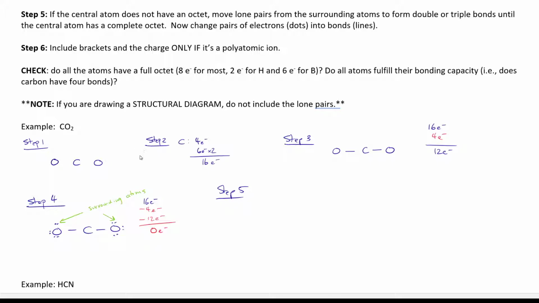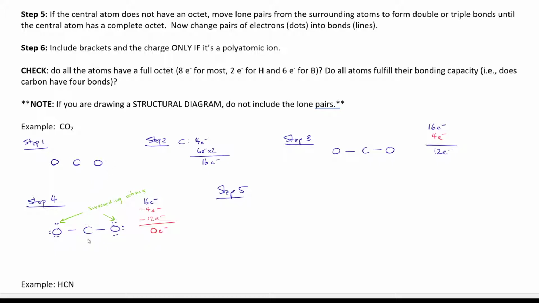If the central atom does not have an octet, move lone pairs from the surrounding atoms to form double or triple bonds until the central atom has a complete octet. So this central atom here does not have a full outer shell, because remember that these atoms want to have 8 electrons around them.